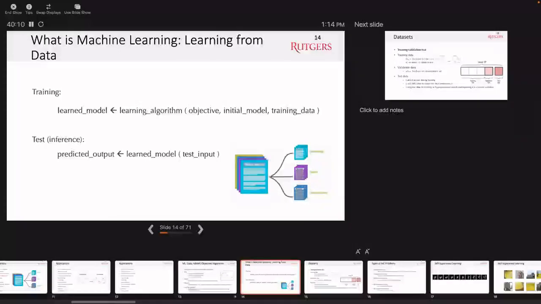Now you're going to get some new handwritten image, and this learned model will try to classify, to recognize what kind of digit is in the image. So this is the training phase and testing phase.